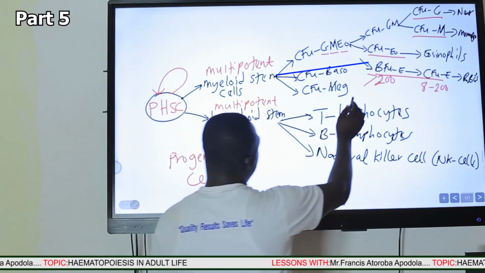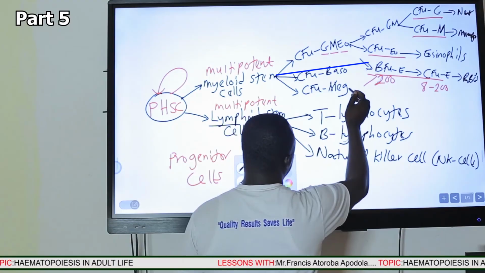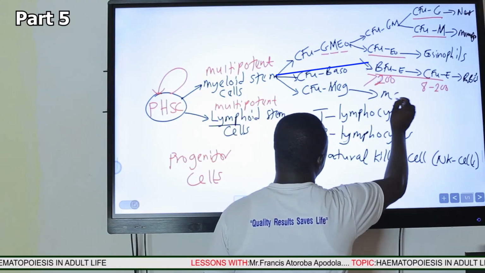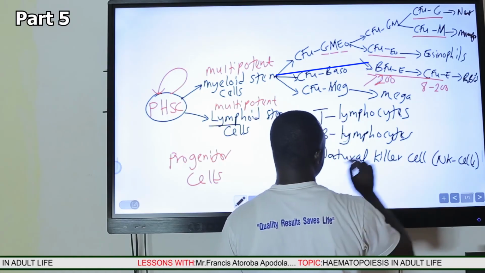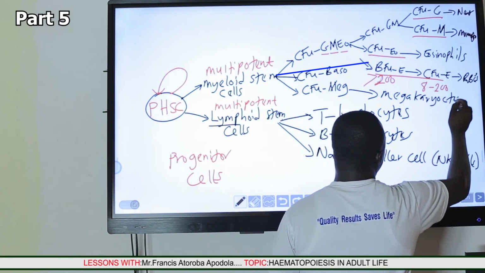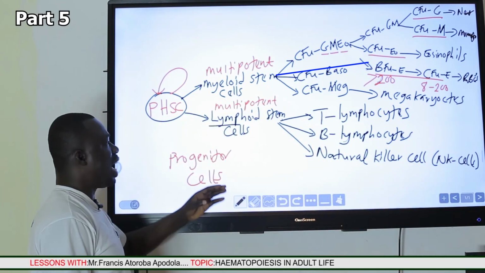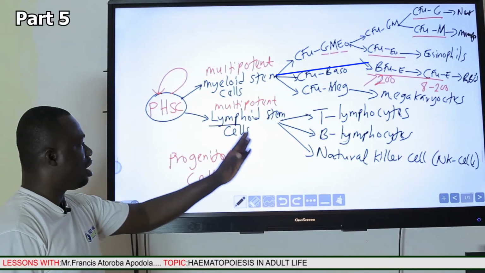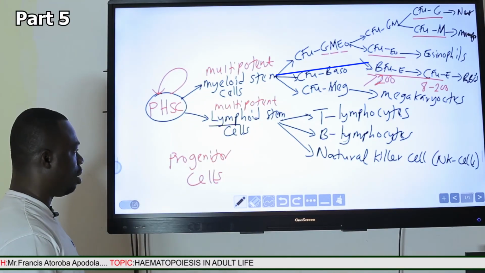Now, the colony-forming unit megakaryocyte will give rise to megakaryocytes. So these are the stem cells and their respective terminally differentiated cells.